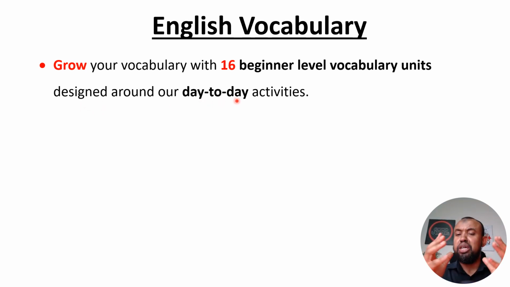The vocabulary chapters focus on giving you an understanding of how to use the language for things that we do on a daily basis. For example, when we go shopping, if we take a car, if we meet our friends at the cafe, if we go to work, what is the language that people use when they interact with one another? Good.